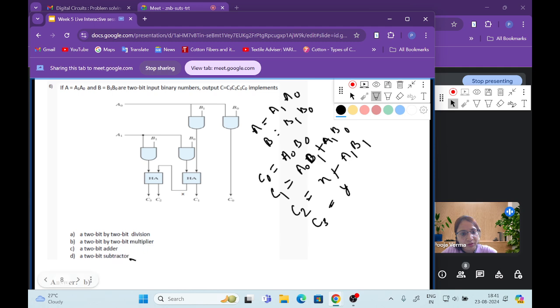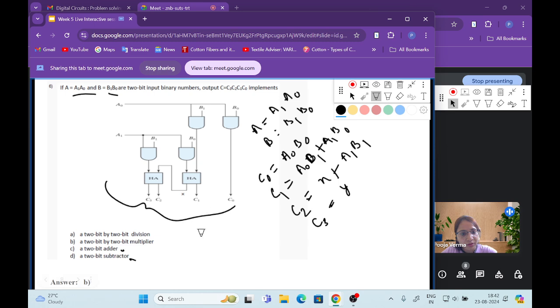So these two will be cancelled. Let's first check for the multiplier, because 2-bit by 2-bit is also given, and it can be a 2-bit by 2-bit divider. First we will check the multiplier, because if you have seen the video lectures, you can directly say it is a 2-bit by 2-bit multiplier.